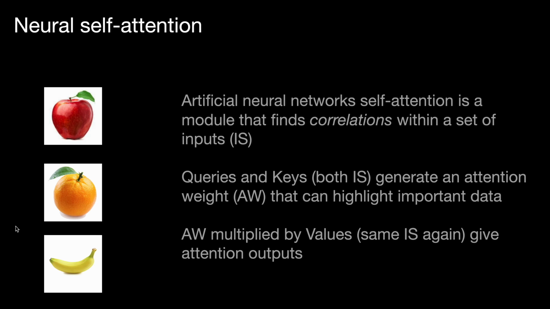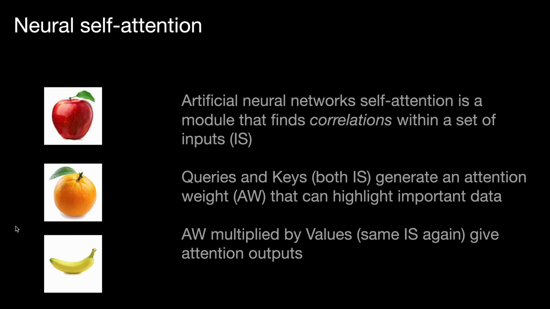When we talk about self-attention, especially neural attention, it is basically a neural network module that finds correlation within a set of inputs. I call this input set IS. In the example of the sentence, the sentence is this input set, right?